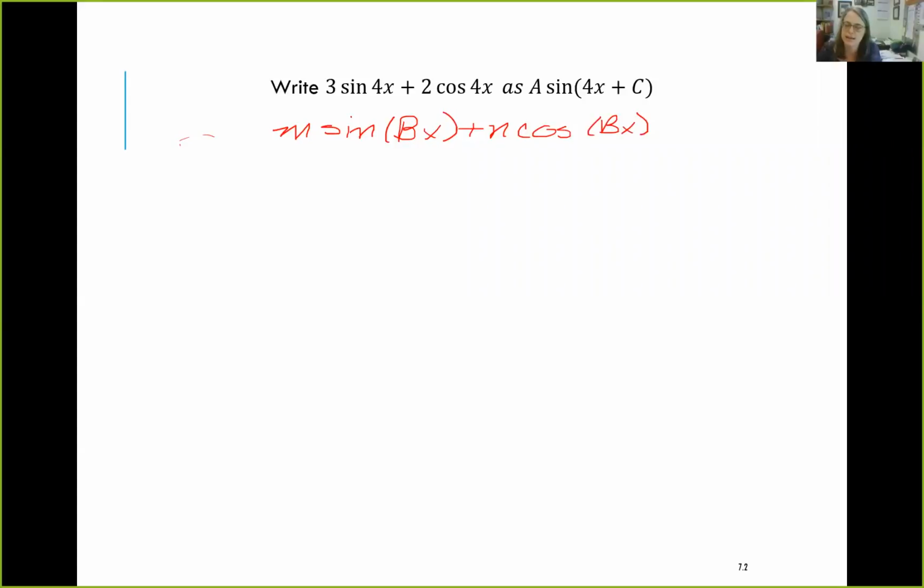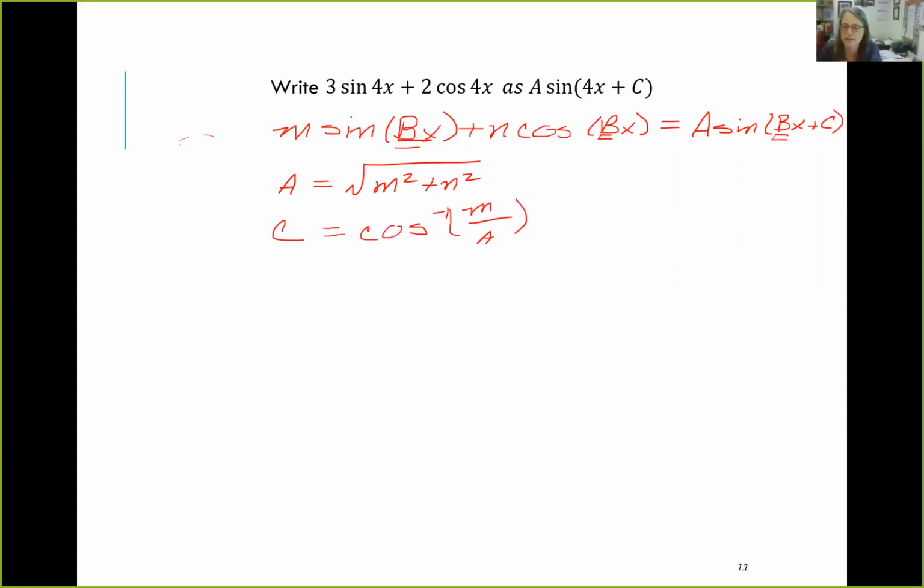And you want to rewrite that as A times the sine of Bx plus C. You can find A by taking the square root of M squared plus N squared. B is always going to be whatever is inside. B is your period, okay? And then you find C from the inverse cosine of M over A. Okay, those are your steps. Follow those, it will work out every time, and you'll get to a single sine function.